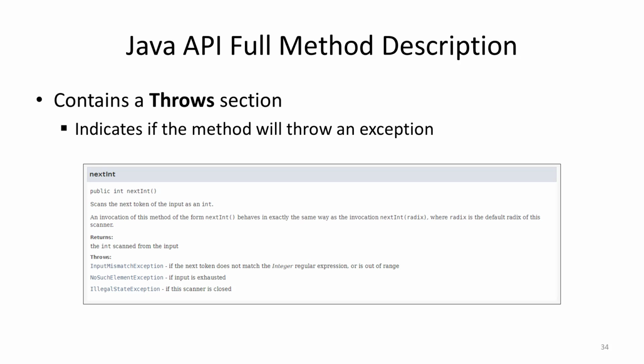On the bottom of the full description, there is a throws section, and it says throws InputMismatchException, NoSuchElementException, and IllegalStateException. So those are the exceptions that can be thrown when using the nextInt method. So if you are curious what other exceptions can be thrown, you can look at the Java API.